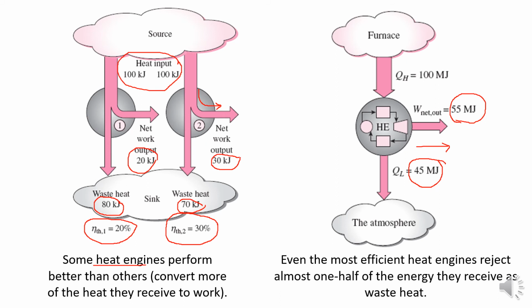So even the most efficient heat engine usually rejects almost one half of the energy they receive as waste heat. So they only use about 50%, or in this case about 55%, of the energy they get from the heat, and they release the other heat, about 45%.